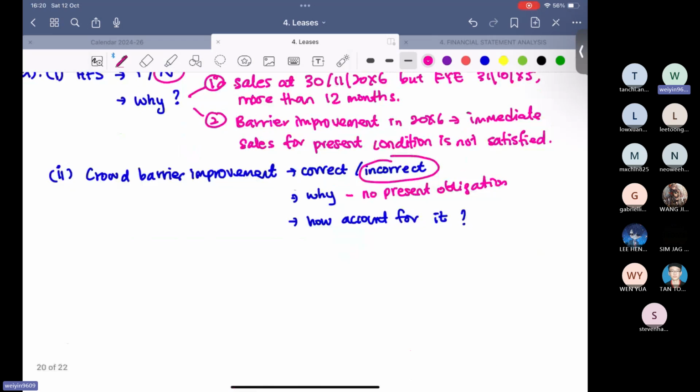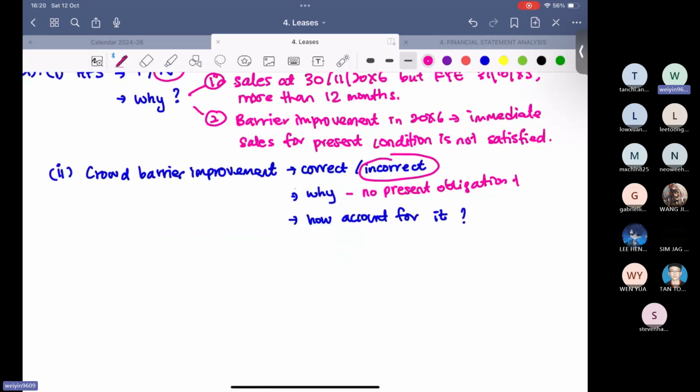So there is no present obligation to be recognized. So basically, no need to do anything until you spend for it. Because the spending is in 20X6, but the company recorded it in 20X5, which is inappropriate. So therefore, we need to remove it. Okay, so how are we going to account for it?